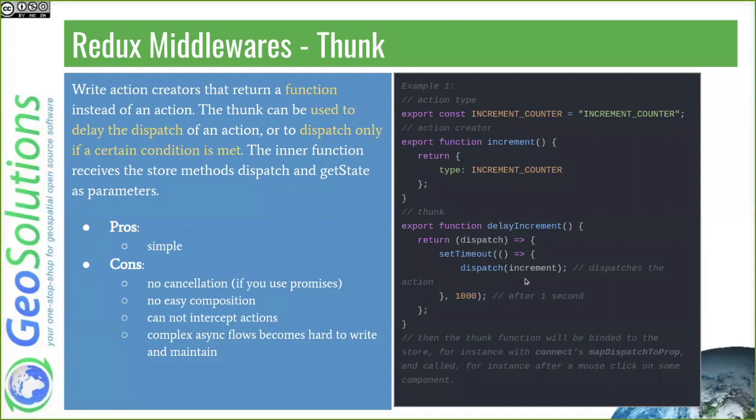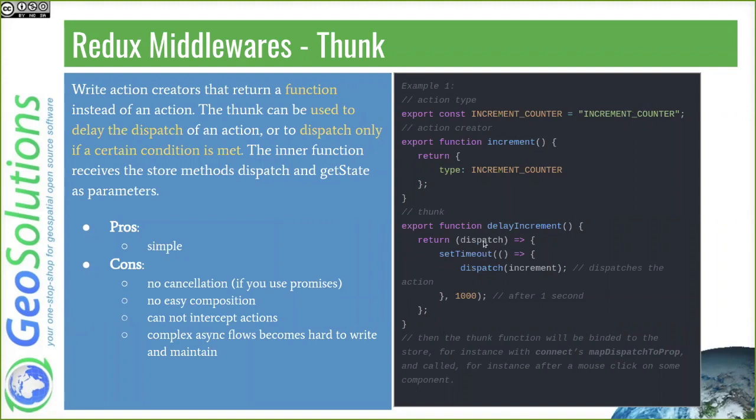What it means is, for instance, on click I have to do an Ajax request to the server, and when I get the result back, for instance, I use Axios or another library to do the Ajax request, I want to dispatch an action to update the state.